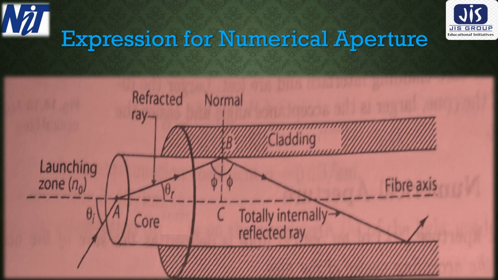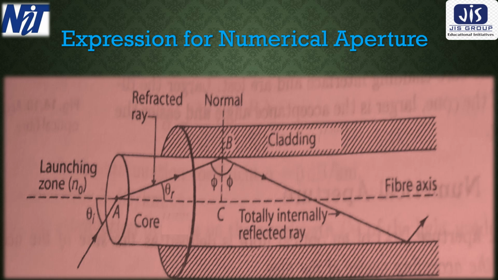So that we will try to find out later on, but one thing is to be noted here, that the light which is falling at the angle of acceptance, only that will suffer the total internal reflection, and any other light ray which is falling at any other angle rather than the angle of acceptance will be lost at the core cladding interface.